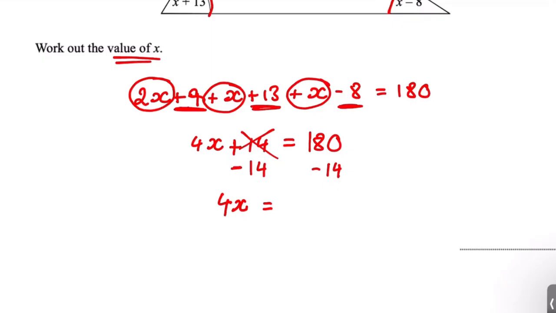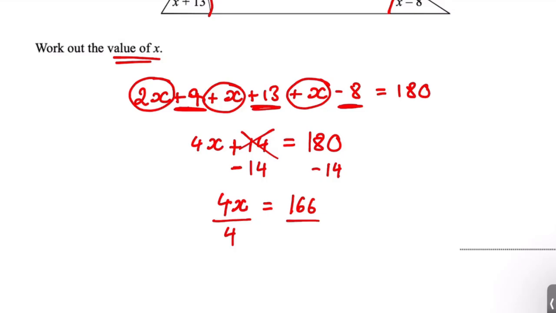180 subtract 14 is going to get you 166. And then we're left with 4x equal to 166. So to get rid of that 4, we're going to divide by 4 because it's being multiplied, and whatever we do to one side, we must do the same to the other side.